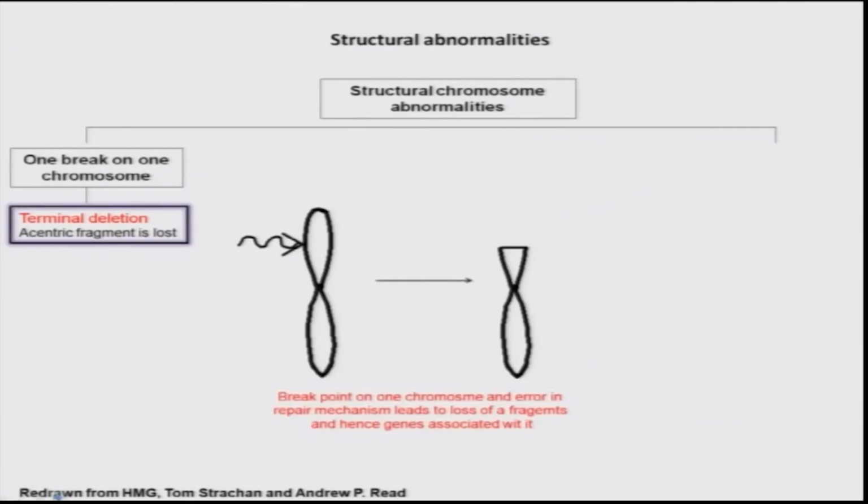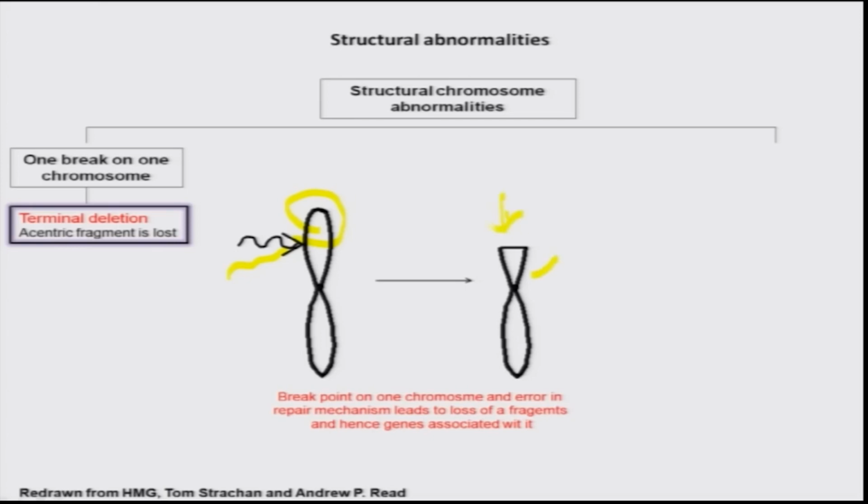That is one break on one chromosome, meaning you have lost a particular region of a chromosome, something like here. The arrow here represents a mutational event which results in a loss of this region of the chromosome.